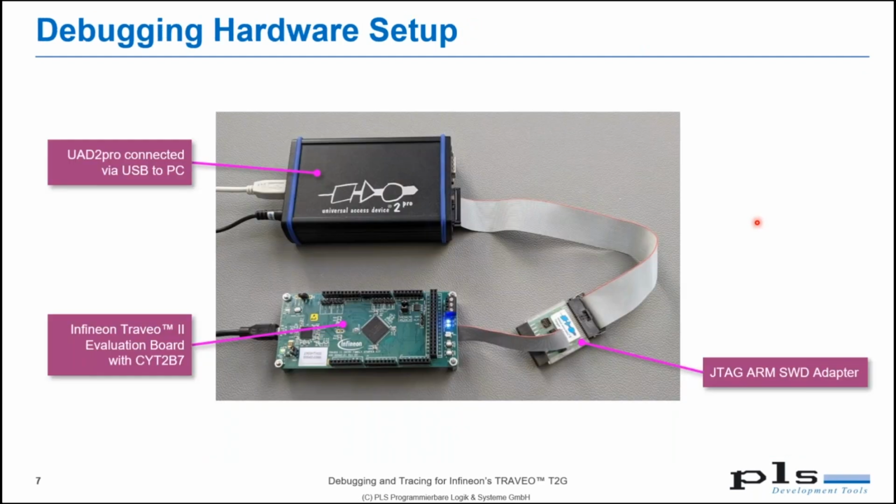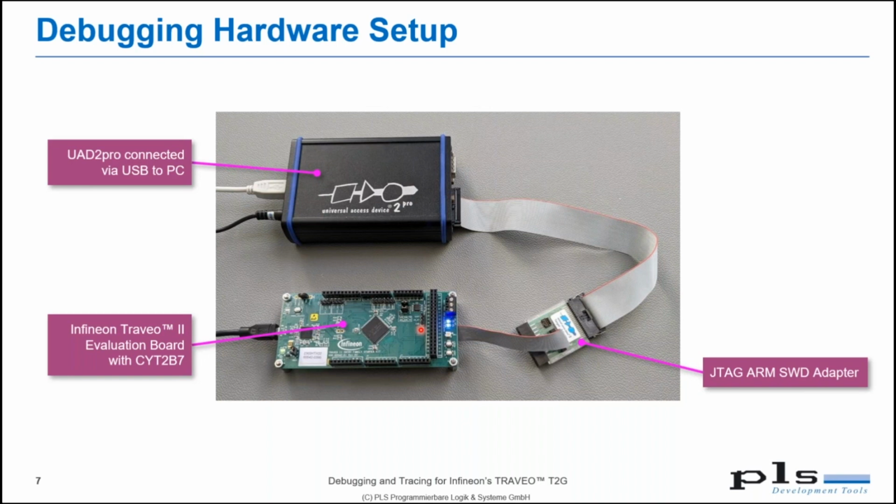Okay, before we go to the debugger and before I show you some basics and how to get started with debugging the TRAVEO II, a few words about the hardware setup. This is a typical hardware setup for debugging a TRAVEO II. For the demo, I use an evaluation board with a smaller device, which contains only a Cortex M4 and the HSM.